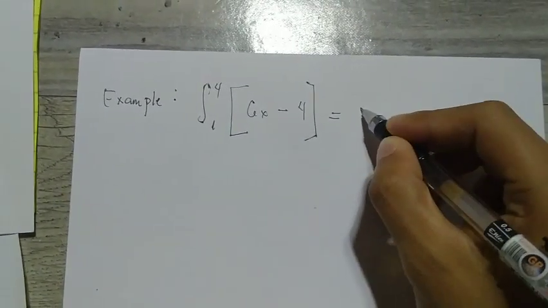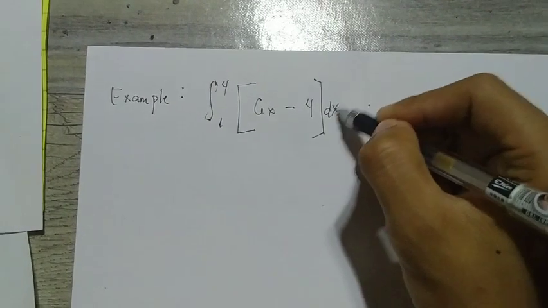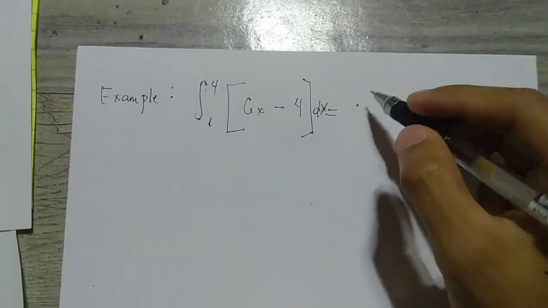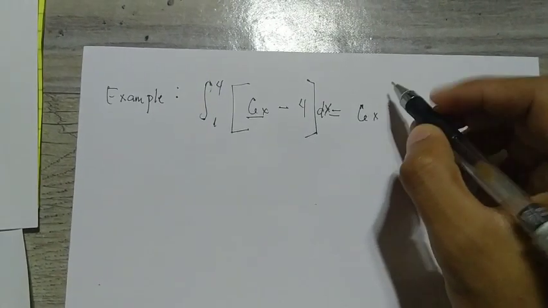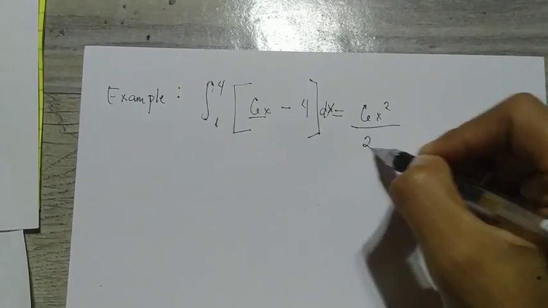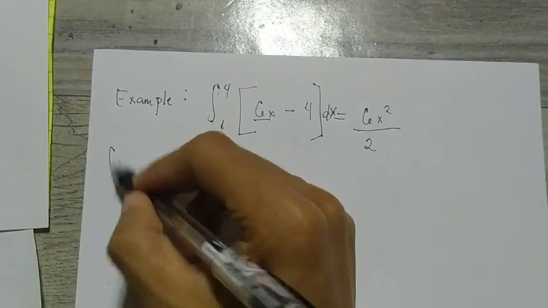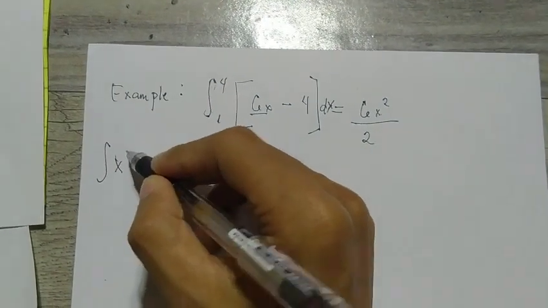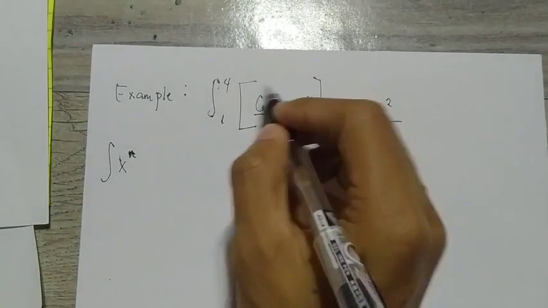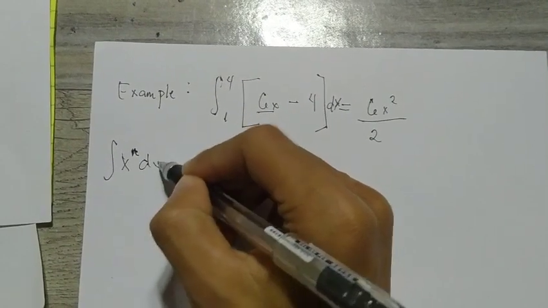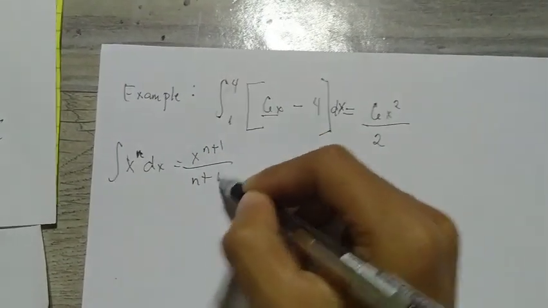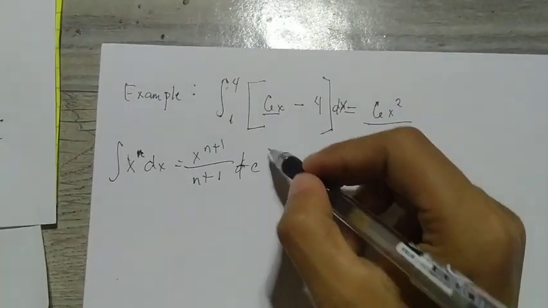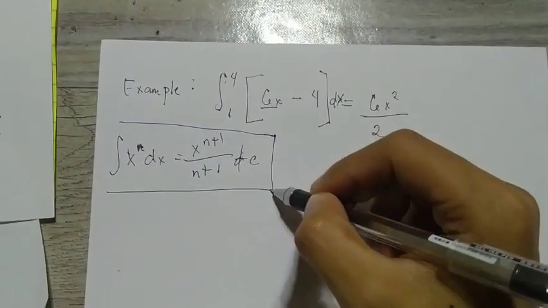First things first, we need to find the antiderivative of this. For 6x, it is 6x squared over 2, because this is the power rule. The integral of x to the n dx is x to the n plus 1 over n plus 1 plus c. This is the formula of the power rule.